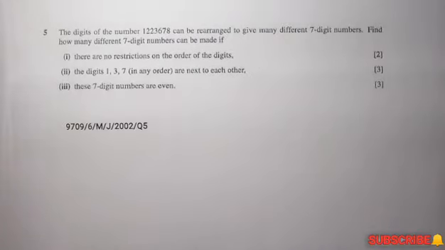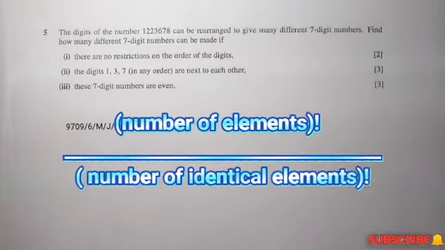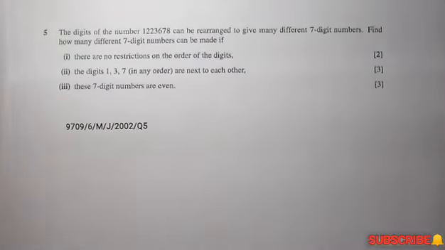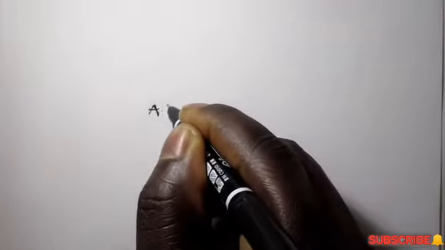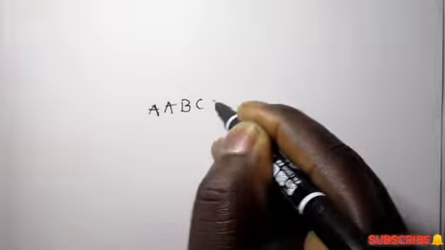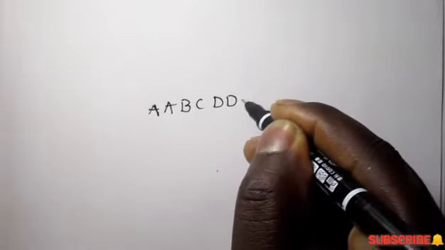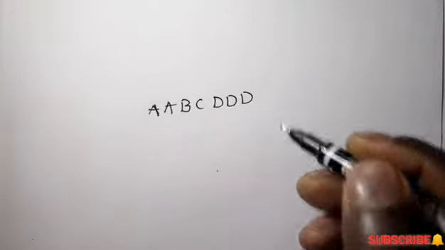So there is a formula that we make use of, and that formula is number of elements factorial divided by number of identical elements factorial. What I'm trying to say is you can encounter a situation whereby you are given letters A, B, C, D, D, D like this.